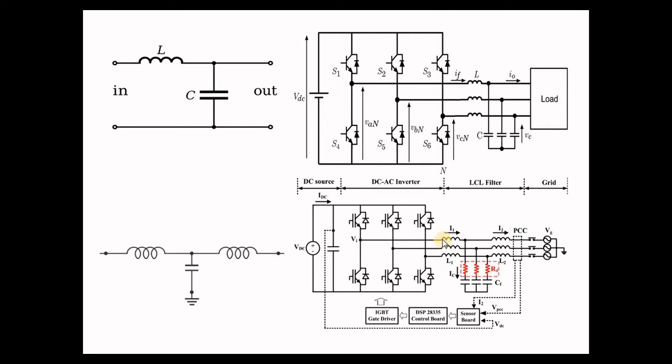So usually if we connect an LCL filter, this L is less than the other L, and these two L values are usually not equal. There is actually no special significance of this L, but we usually connect it to oppose the harmonics. We usually connect the LC filter to minimize the harmonics.